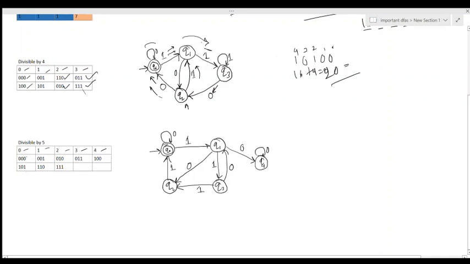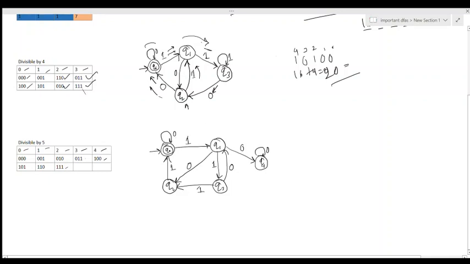So 0 and 5 are divisible by 5. For remainder 1: 1 and 6. Remainder 2: 2 and 7. Remainder 3 is 3, remainder 4 is 4. So these are the possible numbers which come under the different classes of remainders.